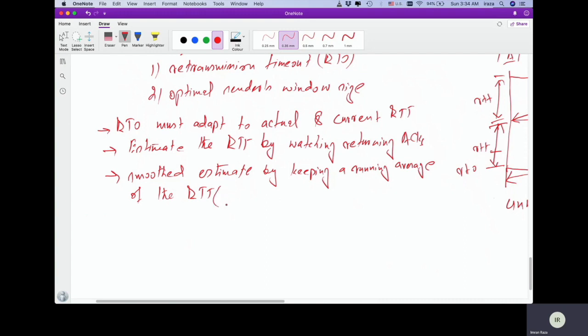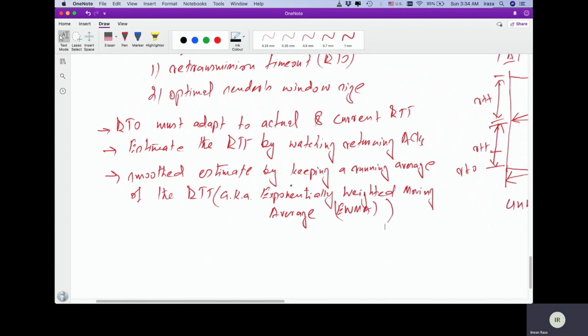And by the way, this running average is also known as exponentially weighted moving average. In stats, we call it exponentially moving average. So instead of taking one value of RTT into consideration to calculate the retransmission timeout, we'll have its running average, meaning the exponentially weighted moving average, EWMA.